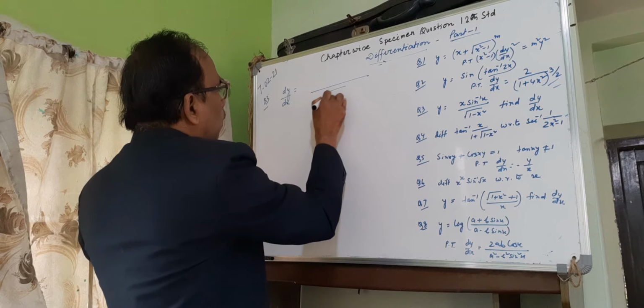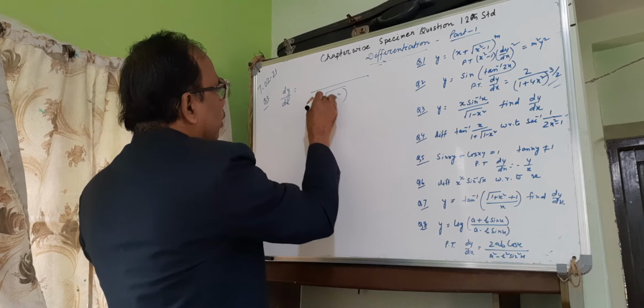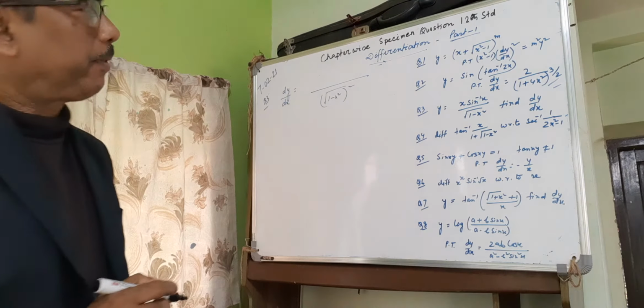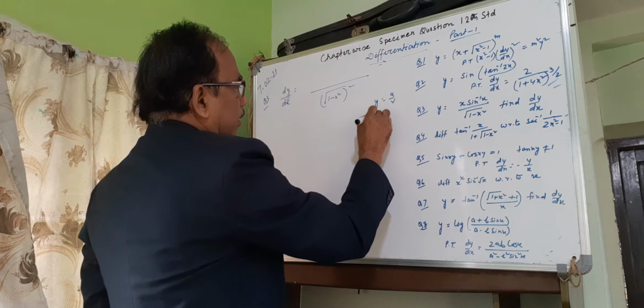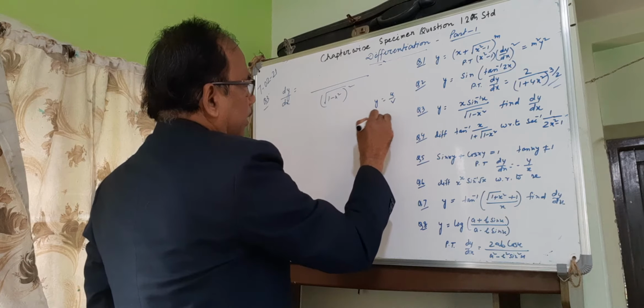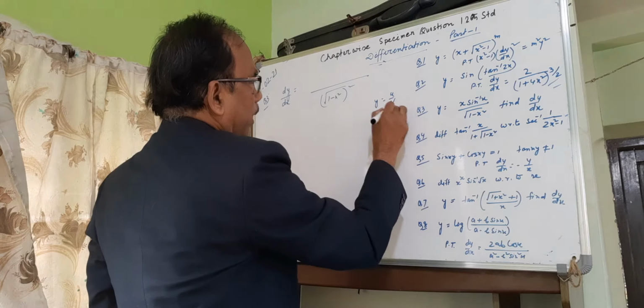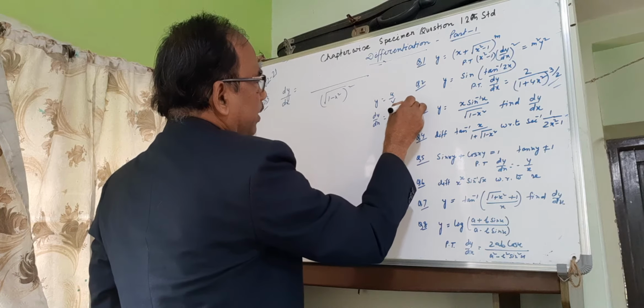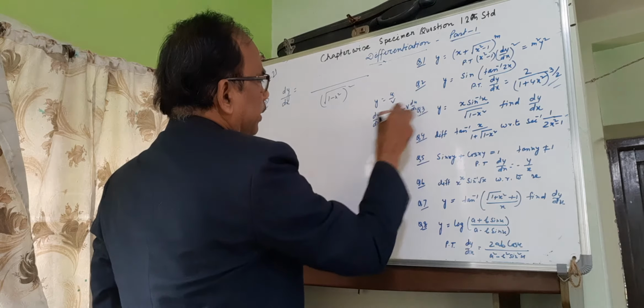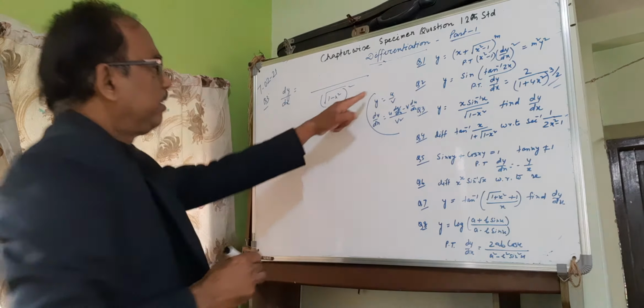You know the derivative: y equals to u by v, dy by dx equals to v du by dx minus u dv by dx over v square. That is the formula for division.